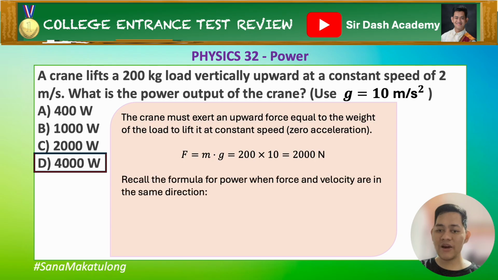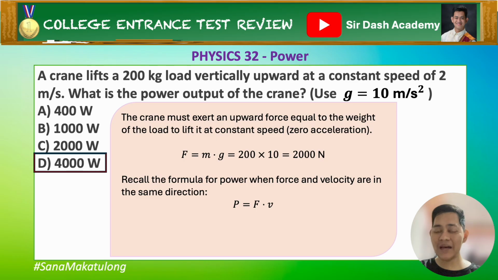Next, recall natin yung formula ng power when force and velocity are in the same direction. I hope na-encounter nito during your high school class. P equals Fv. Sir, saan galing yon? Ginagamit itong formula na to when force and velocity are in the same direction. I will not discuss the derivation, pero sige, para sa mga nako-curious, di ba yung power is work over time?